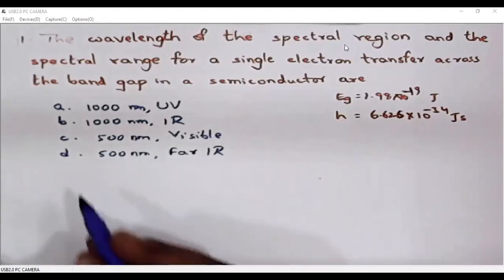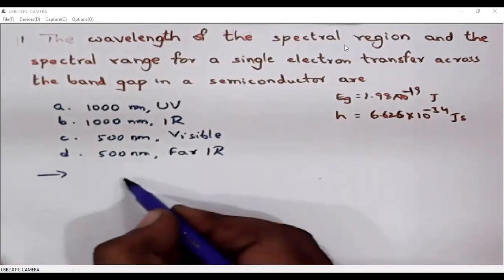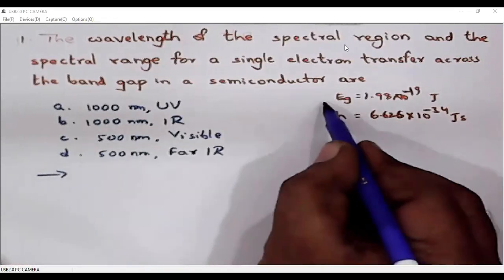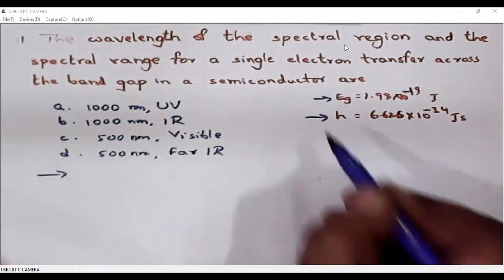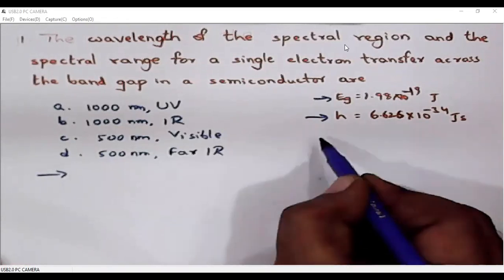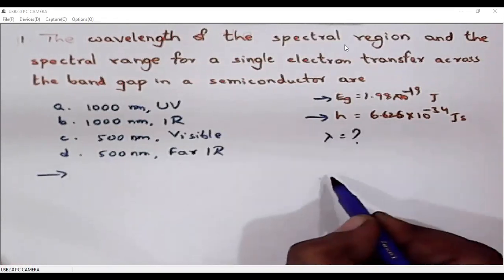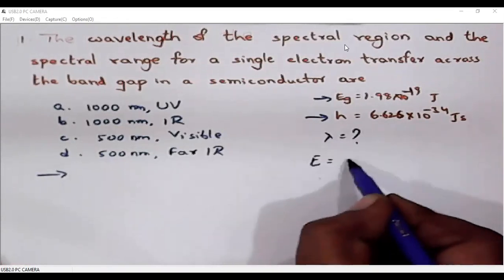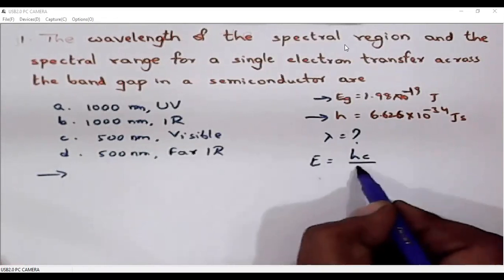Now we will write whatever was given. So we were given E value, we were given H value. What is Planck's equation for lambda? It is E is equal to Hc by lambda.